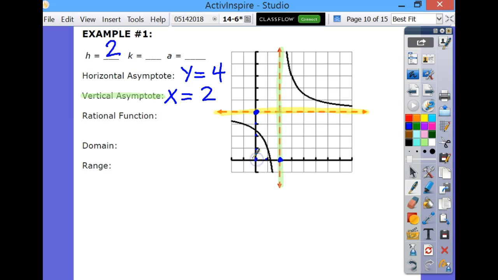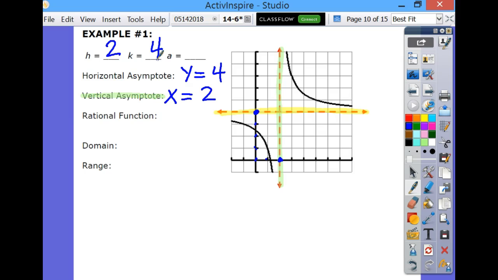The parent graph had the asymptote here, and this has been moved up 4. Do you see a connection between those 2 numbers h and k and the asymptotes? I hope you do.